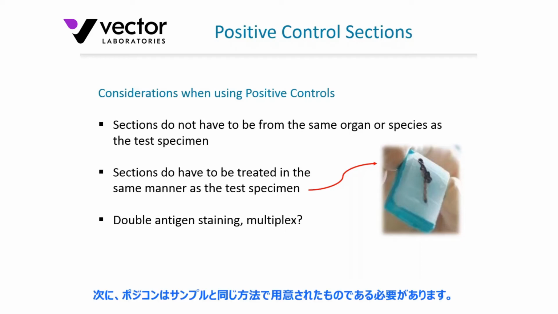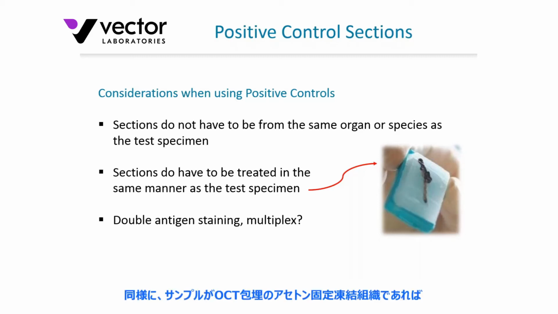Now, sections do have to be treated in the same manner as the test specimen. The example I've got here in the image is a nice specimen in a paraffin embedded block. So if your test specimen is, say, formalin fixed paraffin embedded, you'd want to make sure that the positive control material is also formalin fixed and paraffin embedded.